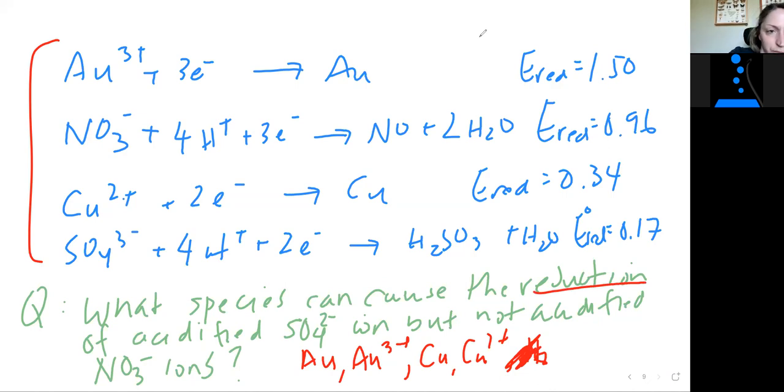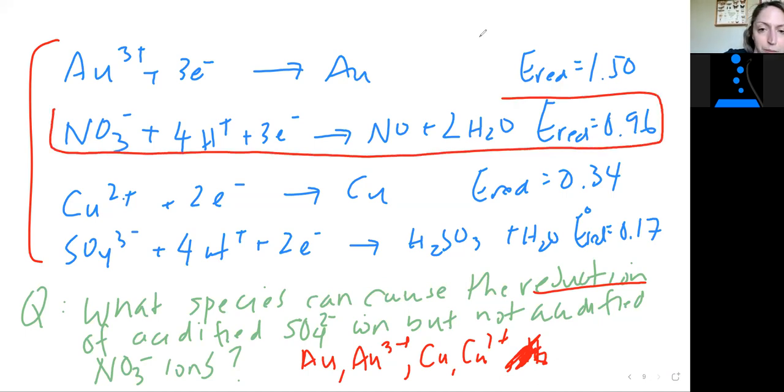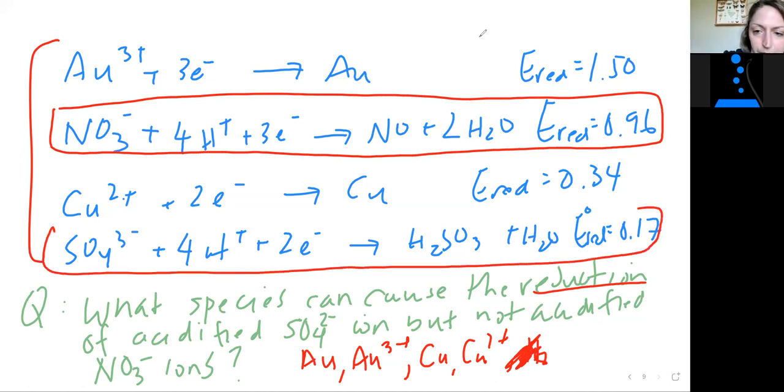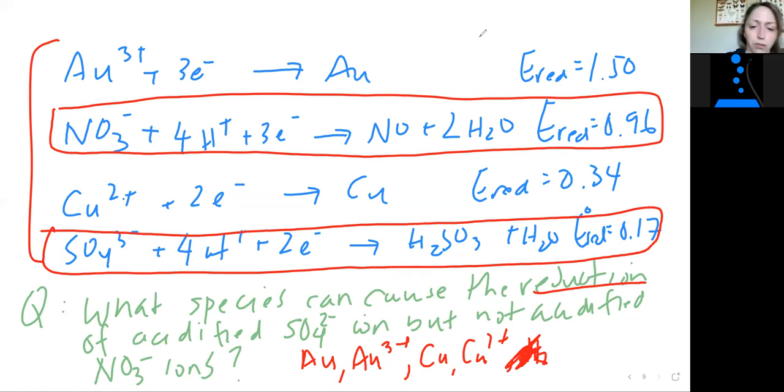So we have this reduction, and it has a potential of 0.96. And we have this reduction. And it says it can cause reduction of one of them, but not the other. So what is happening to the species?